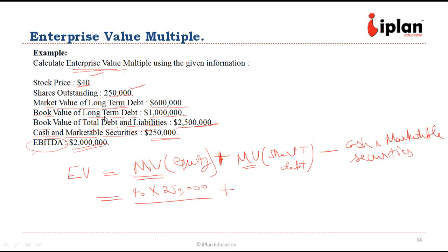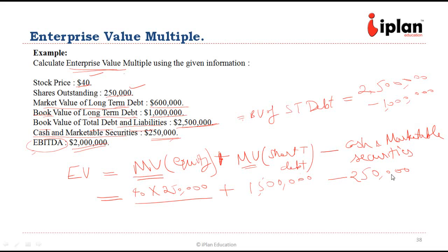If we take the difference, we get the book value of short-term debt, which is going to be 2.5 million minus 1 million, which is 1.5 million. Now we have cash and marketable securities. That value is given to be 250,000. So we can subtract 250,000.